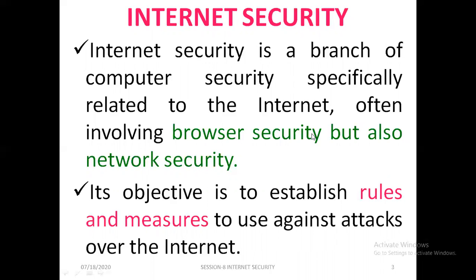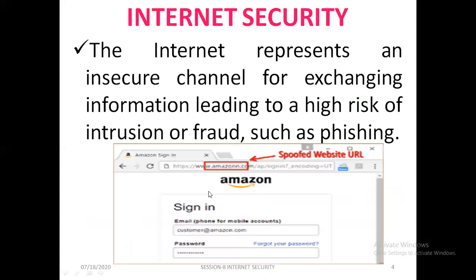There are password guessing or password hacking attacks, phishing attacks, email spoofing, chat spoofing, and many other kinds of attacks. So we will establish rules and measures to use against those attacks over the internet. That is the objective of internet security.